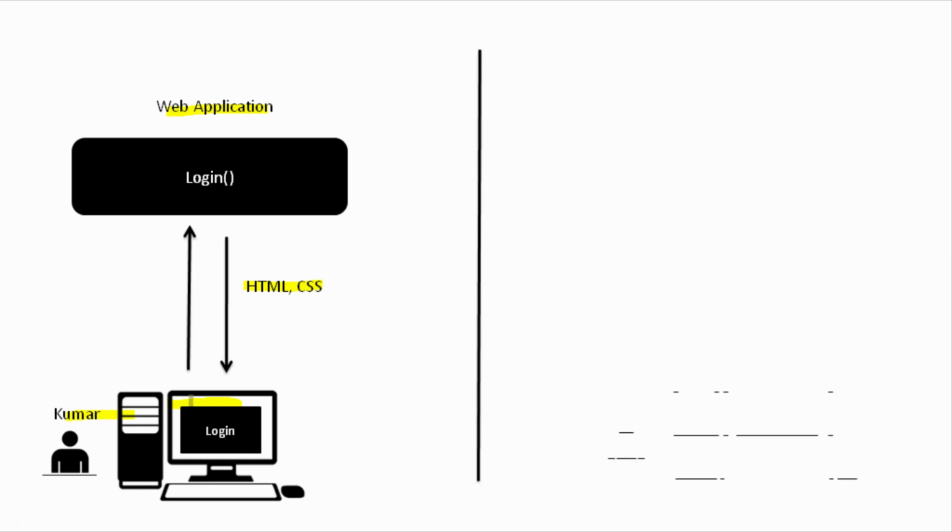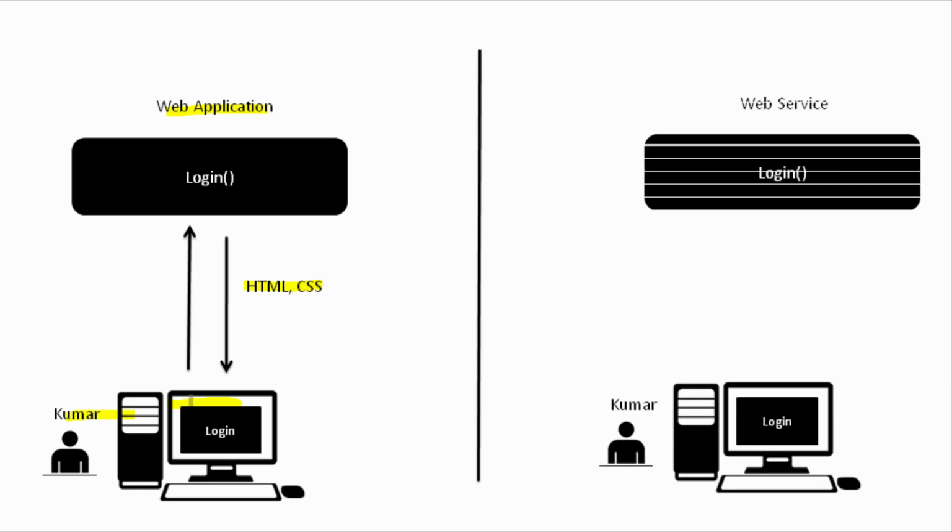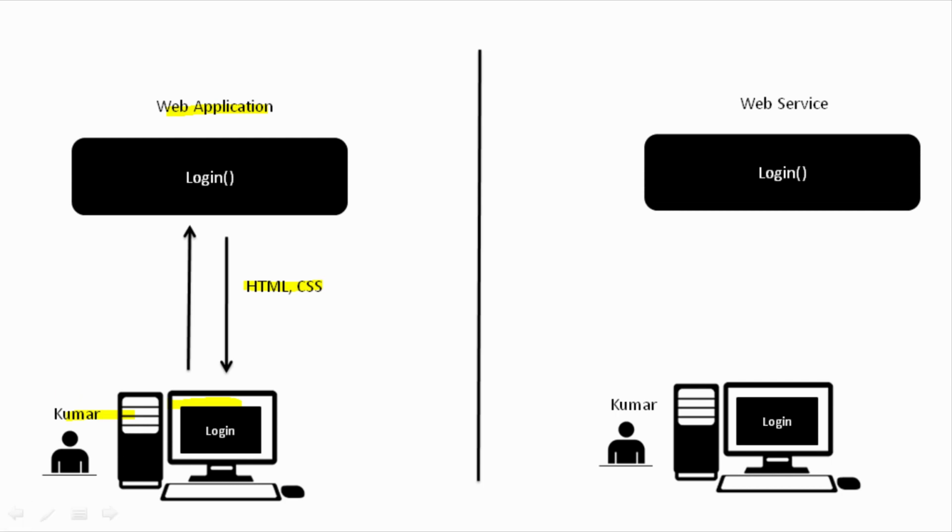So imagine you're sending this request, and the request is going to this web service. There is this web service for the same login functionality, but here it's a web application, and here it's a web service, and you have that same login service sitting on this web service. So we can call this a login web service, and you as Kumar are trying to send the request to this web service.